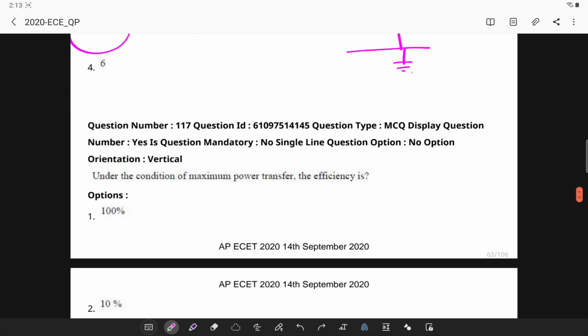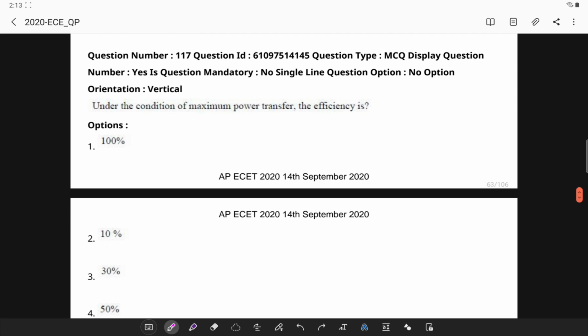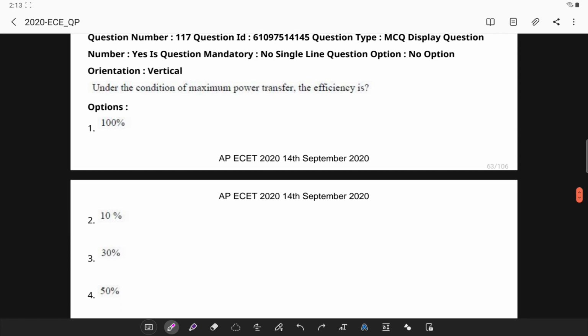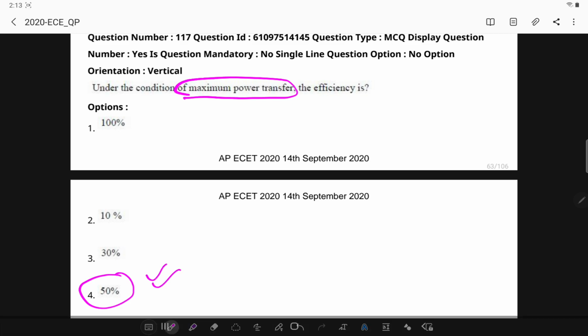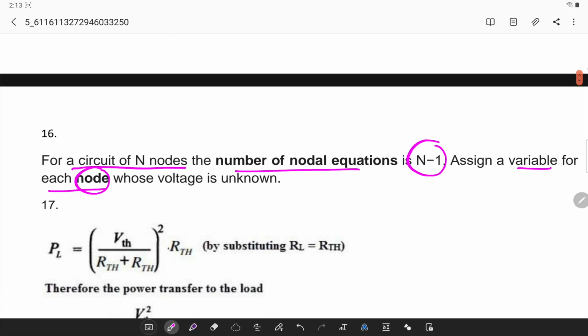The next question: under the condition of maximum power transfer, the maximum power theorem, what is the efficiency involved here? The efficiency is simply 50%, and I will tell you why it is 50% from this.